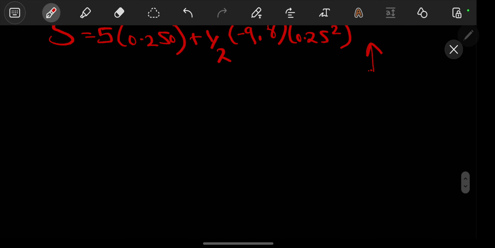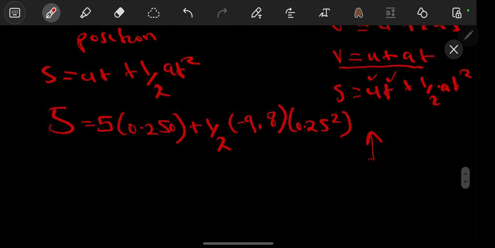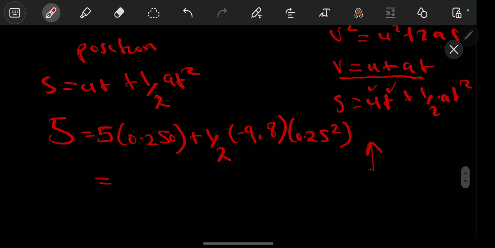We can simplify this by saying that 5 times 0.25 gives us a value of 1.25. Then we are going to have minus our 4.9, since half times 9.8 is 4.9, times our 0.25 squared. This gives us a value of 0.0625.